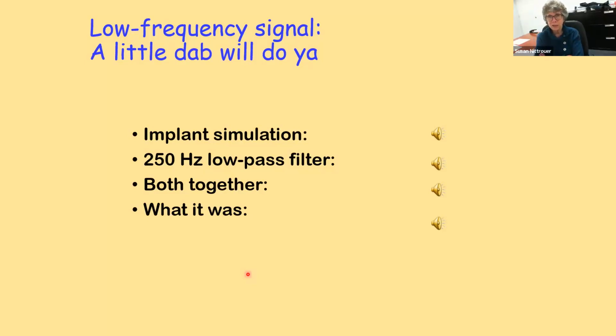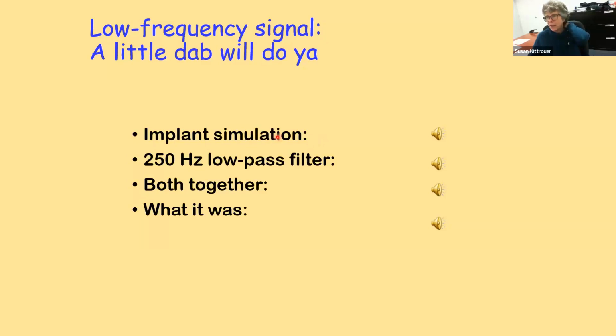They still have some hair cells that survived down at the apical end, the very tip of the cochlea. So what we can do is amplify that hearing with a hearing aid and use it as a supplement to the cochlear implant signal.